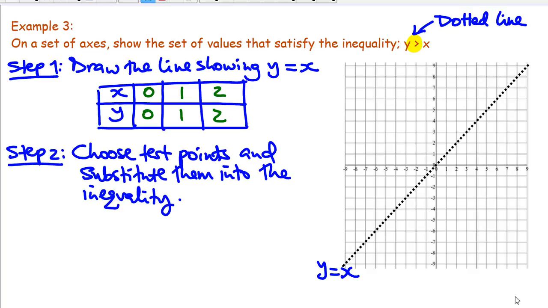So what I mean by that is I'm going to choose 2 points. You don't have to choose 2 points, but I think choosing 2 points at this stage will help you just to know what this is about.